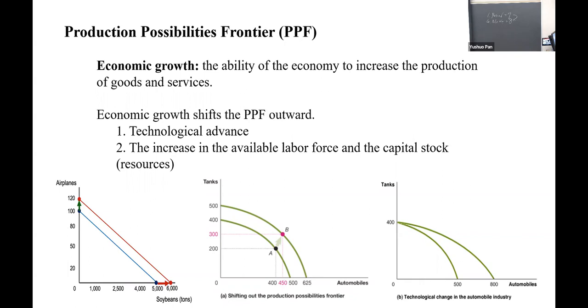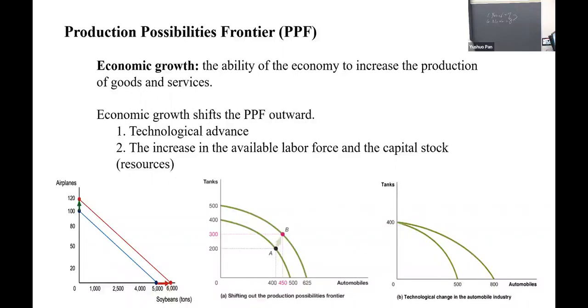So from the first graph and the middle graph here, you can see no matter what the reason, either technological advance or an increase of the labor force or the capital stock, your PPF can move outward. With the given resources, you can produce more airplanes or more soybeans, and the same for this one, no matter whether the PPF is a straight line or a curved line.